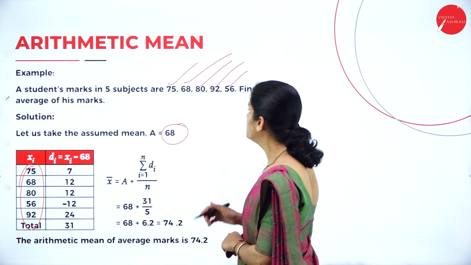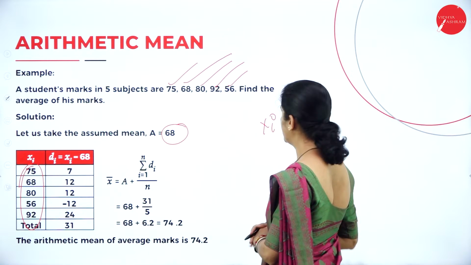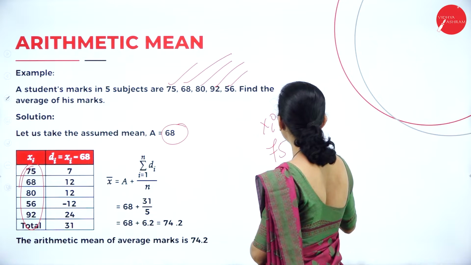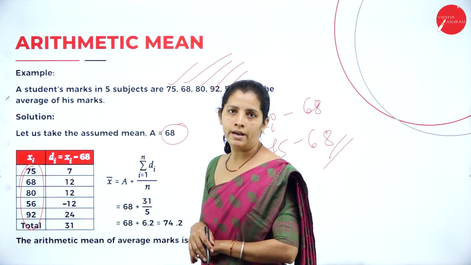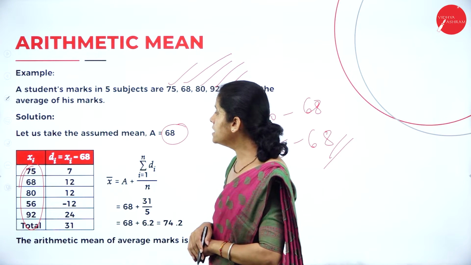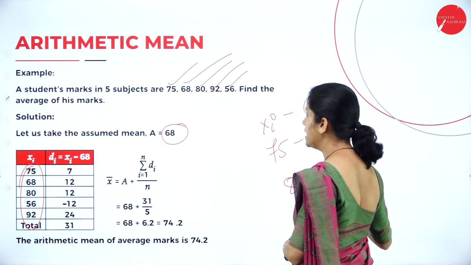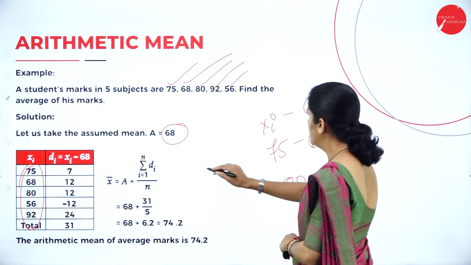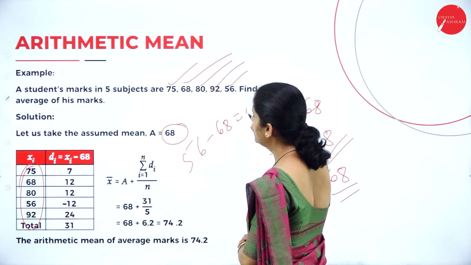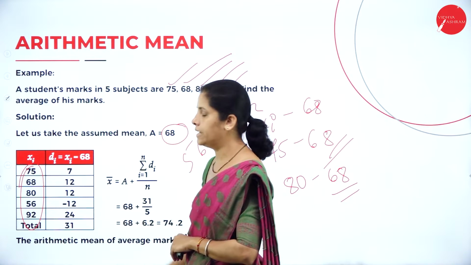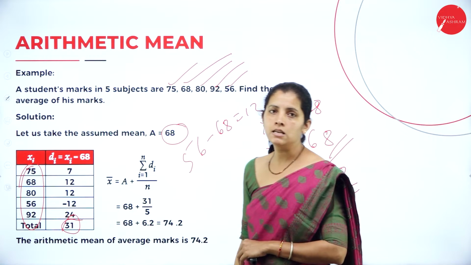So xi minus 68. That is 75 minus 68, so the answer is 7. If I consider 80 minus 68, it is 12. 56 minus 68 is minus 12. So I calculate, and when I add, I get the answer 31.